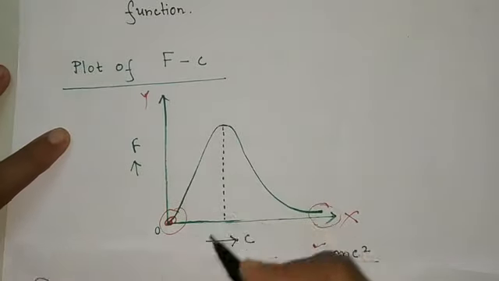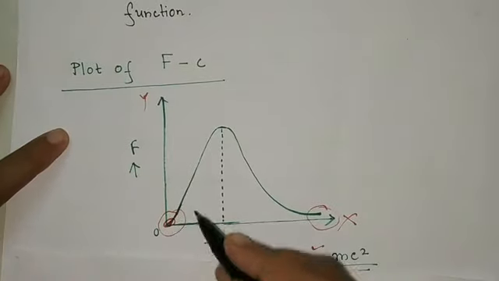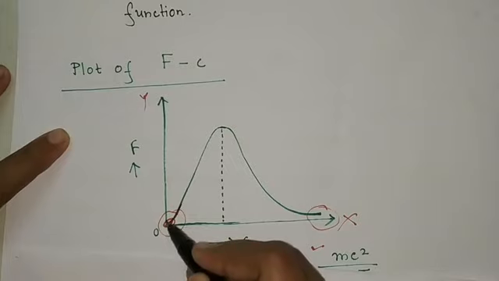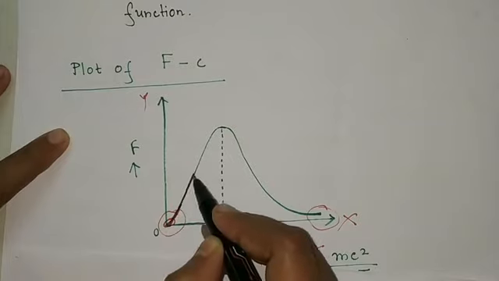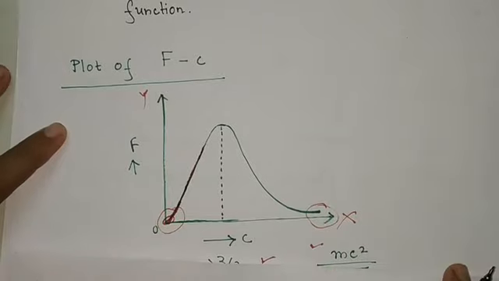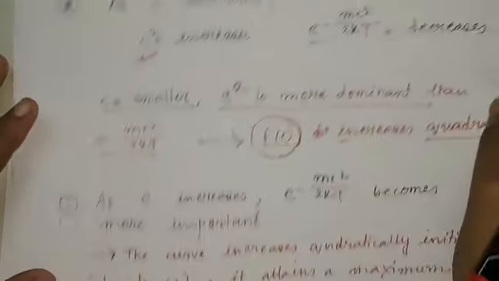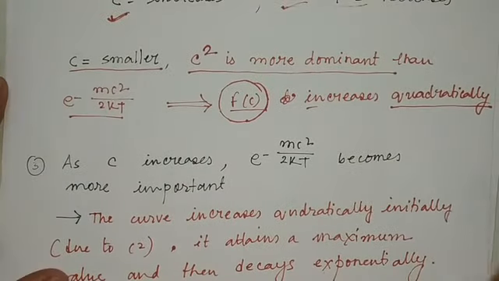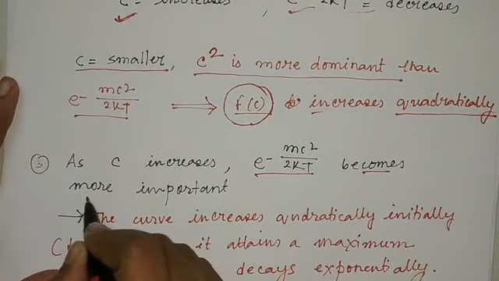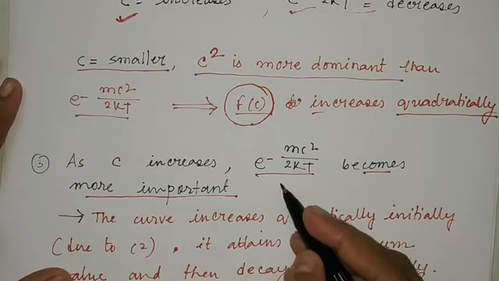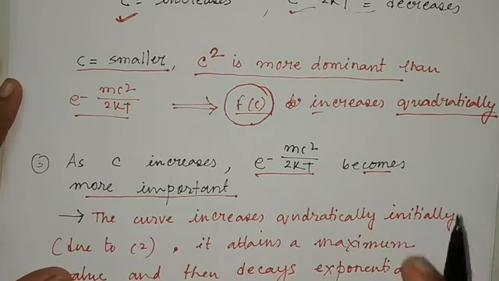That's why for these smaller values of c, as you see, as c is increasing, the value of f is also increasing, and it is following the quadratic nature, which is c square. Now if c increases further, then the exponential term becomes more important. That is, now it will dominate over the c square term.